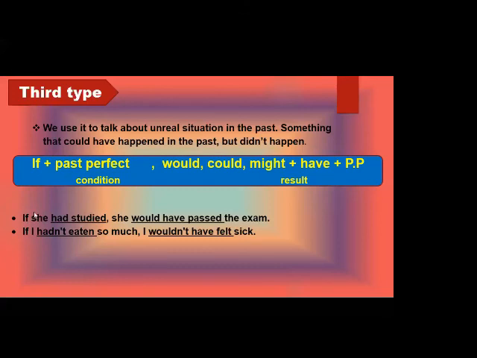So if the situation is she didn't study, so she didn't pass the exam. Okay, so this is in the past type. What about using if? We will go one step back. So she didn't study. So if she had studied, what would happen? She would have passed the exam. This means she didn't study and she didn't pass the exam.